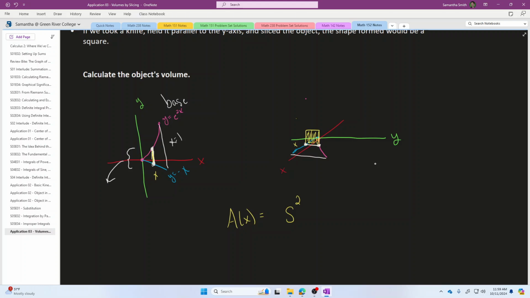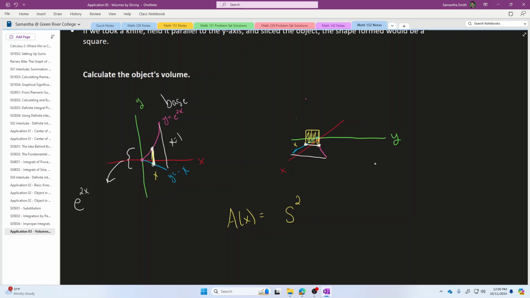And to answer that question, I'm going to observe that these slices stretch between y equals e to the 2x at the top and y equals negative x at the bottom. So what is the distance between those quantities? The distance can be found just by subtracting those quantities.